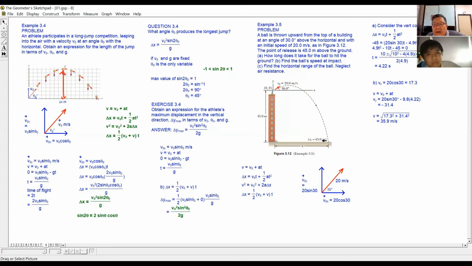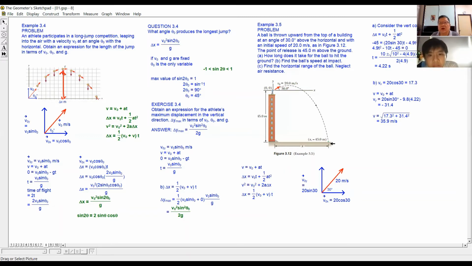Now, the only thing that relates this vertical flight with the horizontal distance covered is the time. The thing that is common between the two components is the time.